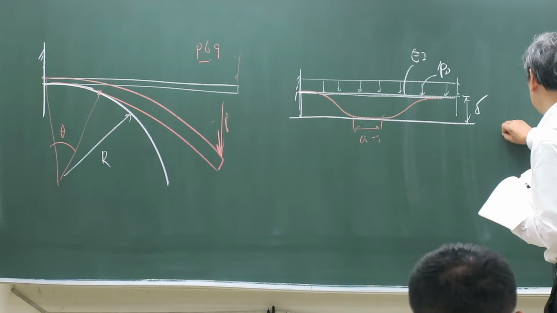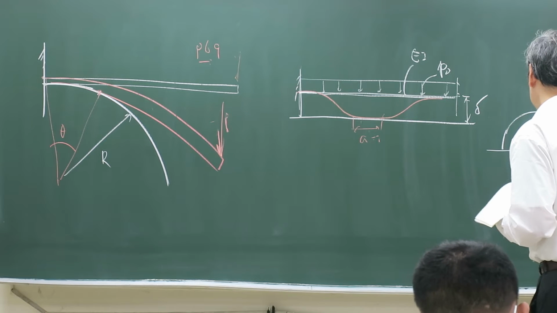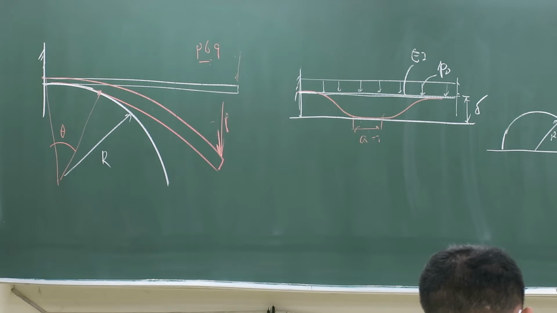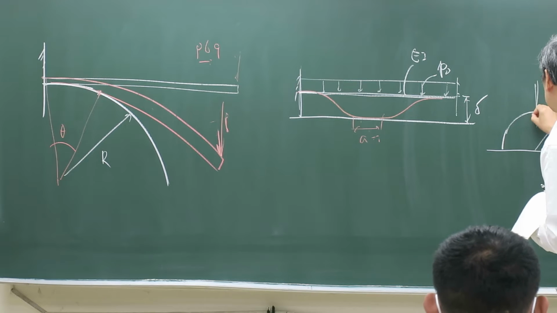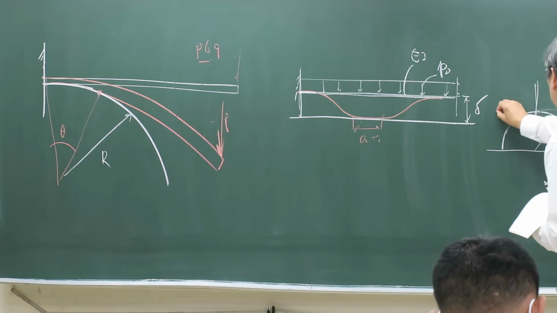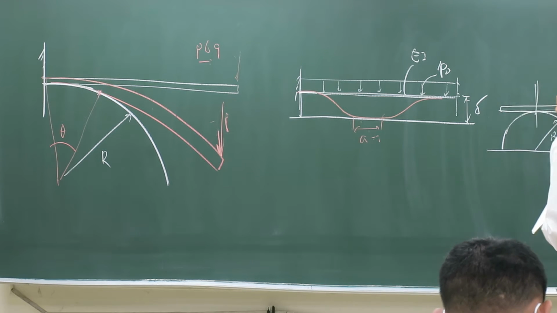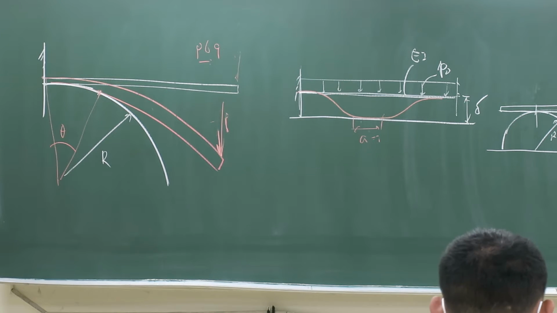And another very famous problem is this support of radius r. Maybe the distance is the same, radius r. And here's a beam on top of it.